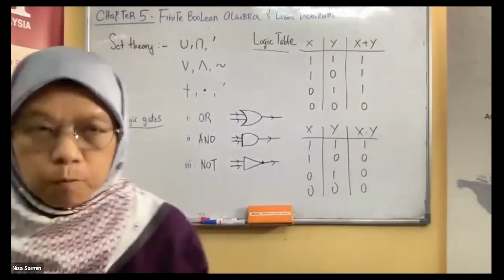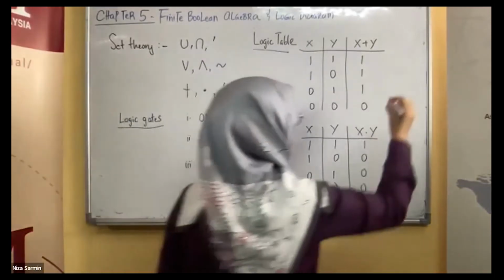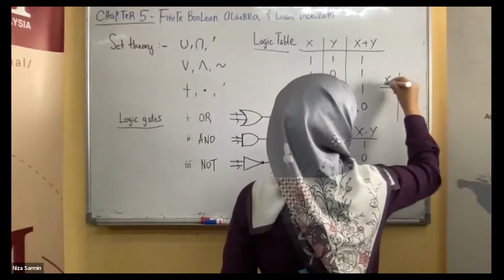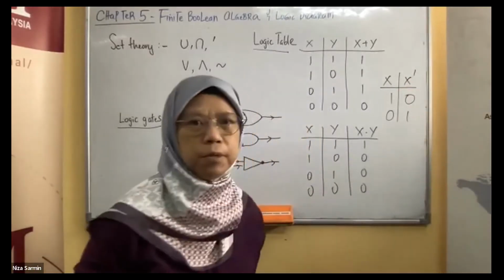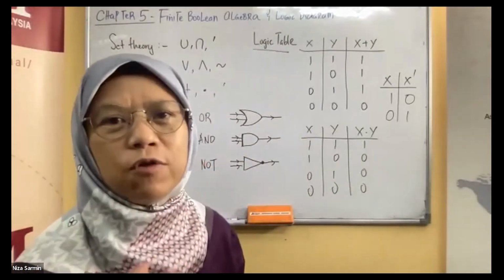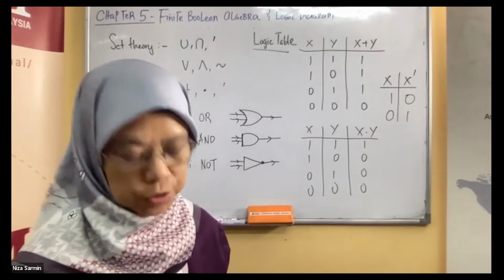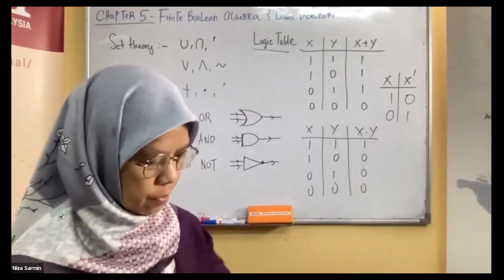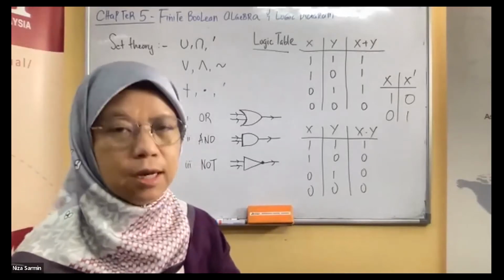And then the prime: 1, 0. The prime is 0, 1. So instead of true, false, we write in terms of ones and zeros. Now look at the Boolean expression.